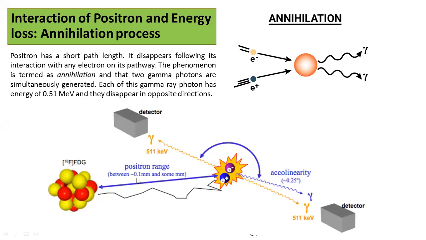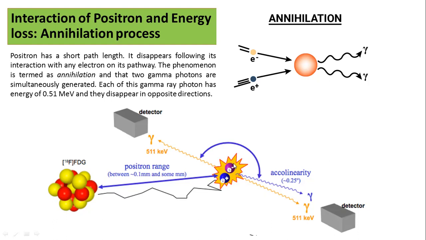So being the short range, it disappears following its interaction with the electrons on its way, and this process is called the annihilation process. That means when the positive is going to interact with the negative, they are going to annihilate, and the process is called the annihilation.